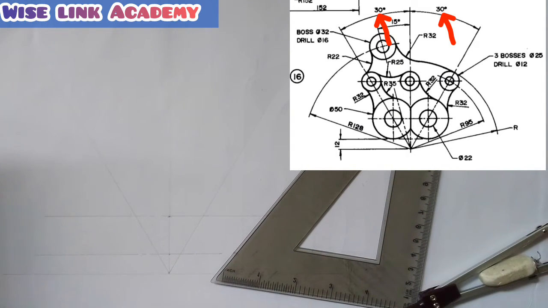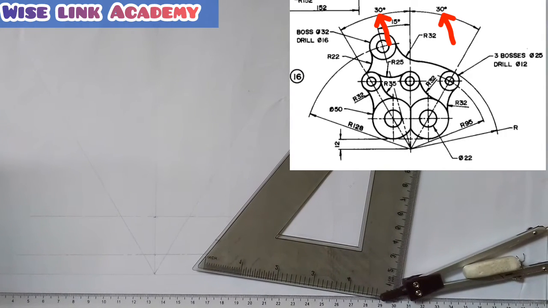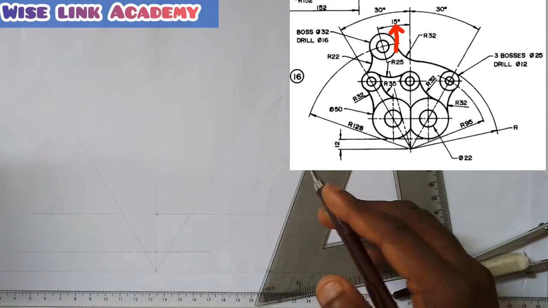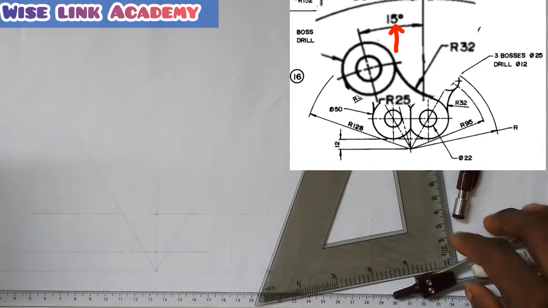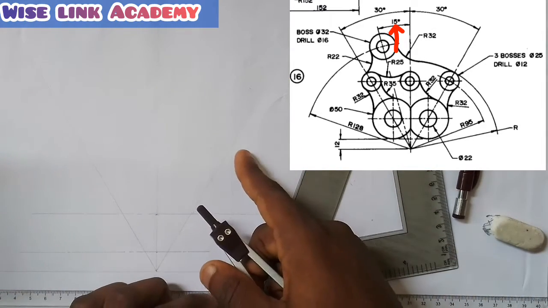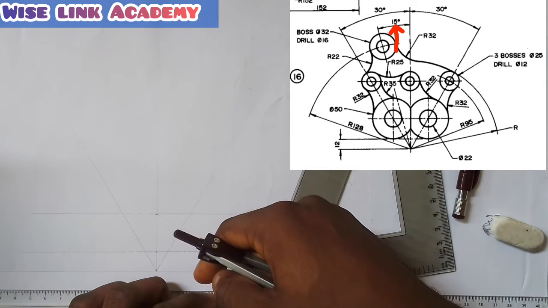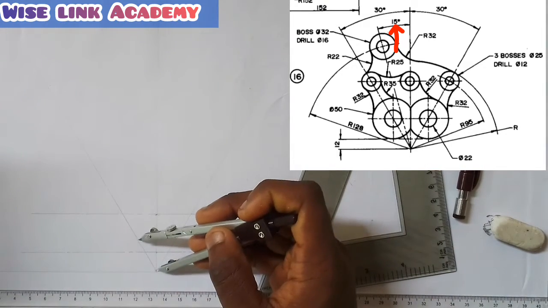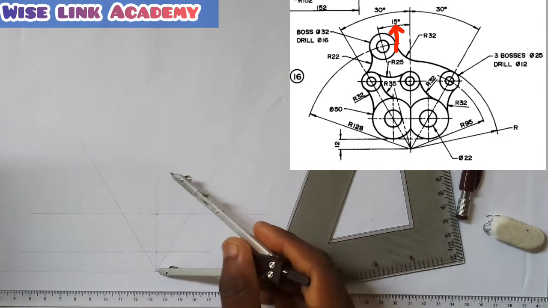I have 30 and 30. So what do I do after I have produced my 30 and 30? My next task is that, if you observe closely, there's an angle of 15 somewhere around there. So how do I get my 15? I will bisect 30. If you don't know how to bisect an angle, you can click on the link you are seeing in front of you, or check the description. So I can just place my pin at this point here, extend it somewhere here, and draw a faint line this way.